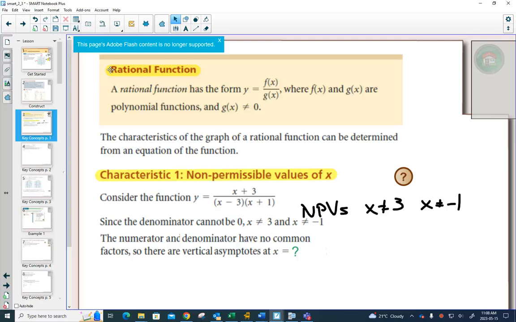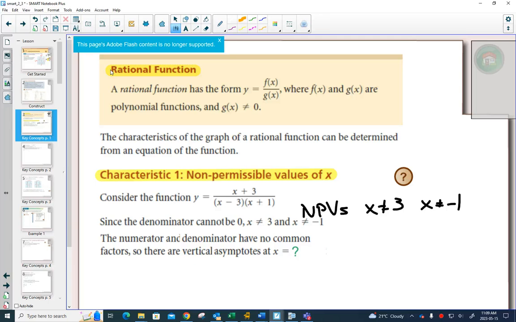And non-permissible values will either end up being holes or vertical asymptotes. They will be vertical asymptotes if they don't simplify, and holes if they simplify. So in this situation, the x minus 3 and the x plus 1 are not identical. That doesn't simplify.